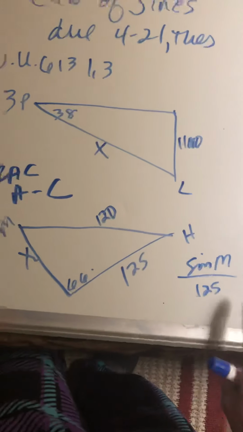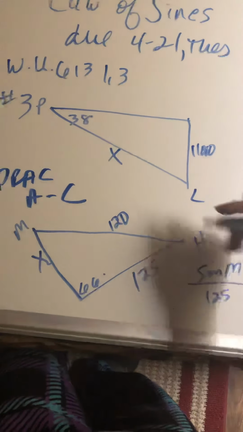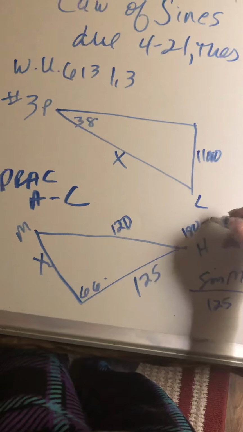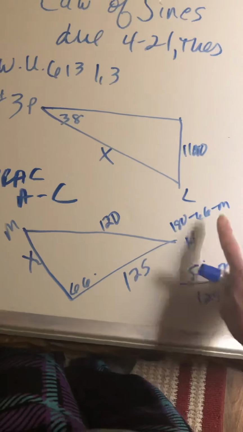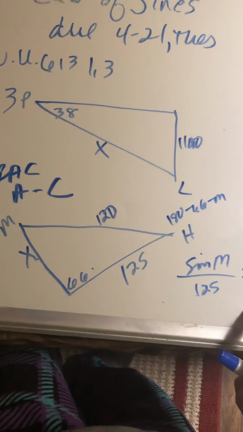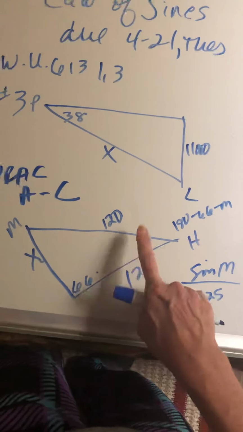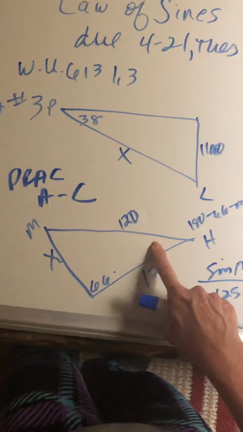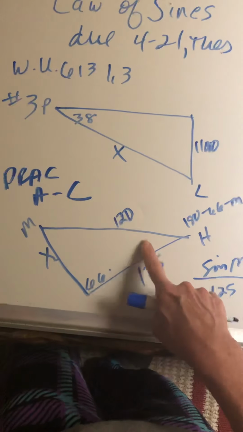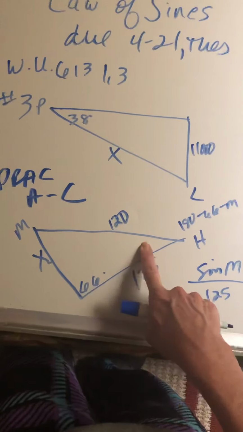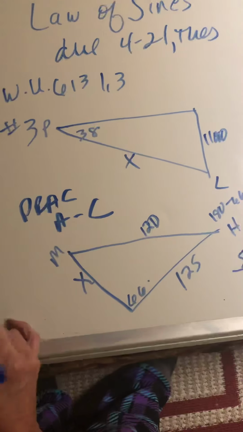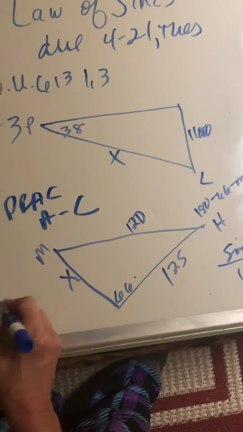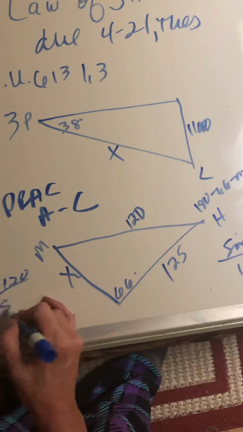You've got to solve that first for angle M. Then to find H, you'll do 180 minus 66 minus whatever you find for M, right here. Once you have that, that'll give you H. That's why I put it right above H. Once you have H, then you can do X over sine of H equals 120 over sine 66.